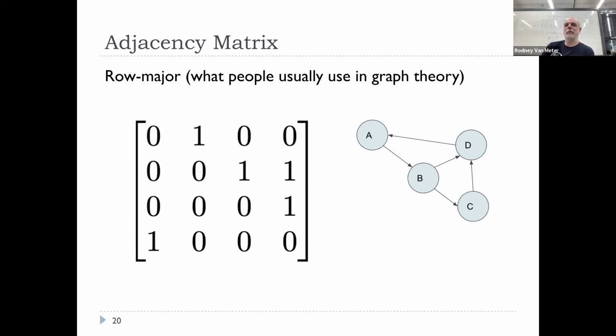So A to B means that we have a 1 in the row labeled A and in the column labeled B. Notice that there's not an equivalent 1 from B to A, because there's no arrow connecting B to A. So if you look in row B and column A, that's the left-hand column, the second row, that's a 0, because there's no equivalent edge in that direction.